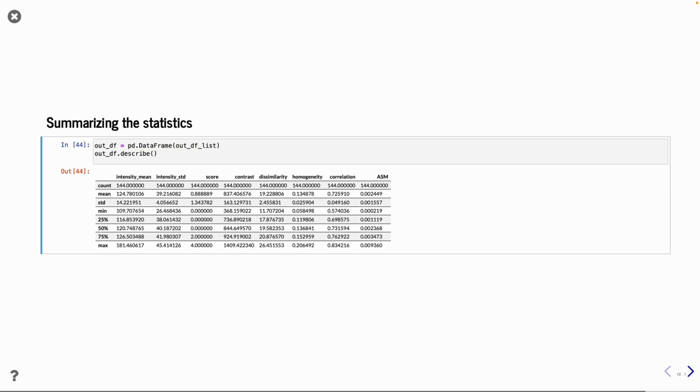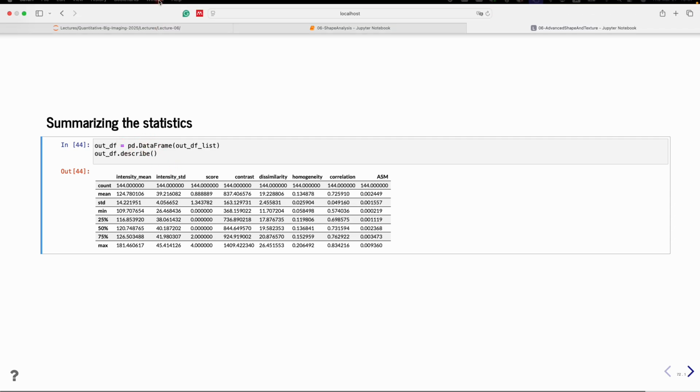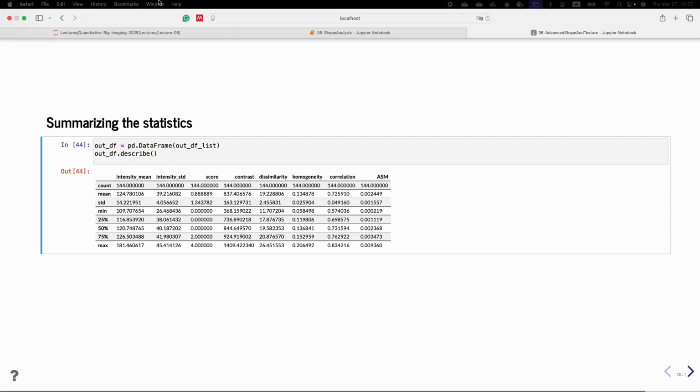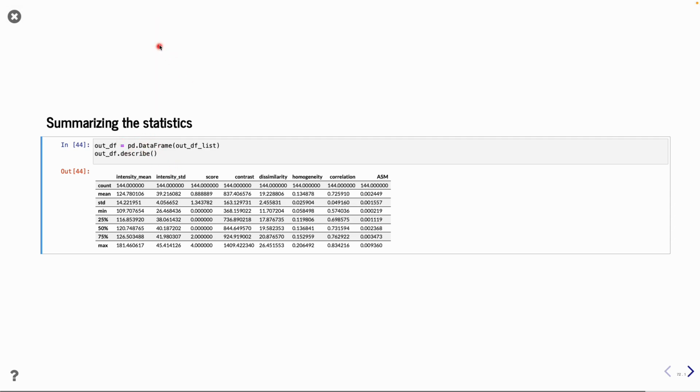We can also do a summary of the different statistics. Here we use the describe function of the data frame, and it tells us some statistics. Well, that's just a lot of numbers right now.